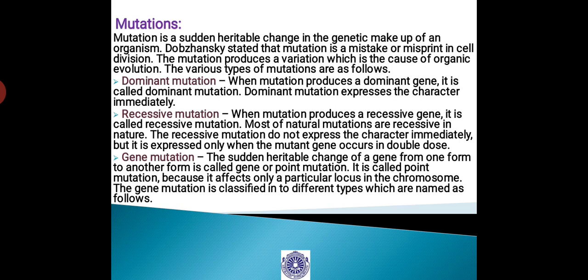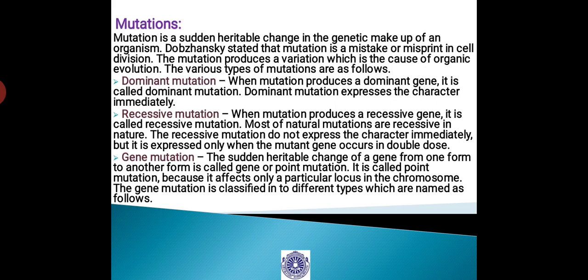And there are various types of mutations which are as follows. Number 1, dominant mutation. When mutation produces a dominant gene, it is called dominant mutation. And dominant mutation expresses the character immediately. Whereas recessive mutation is that when mutation produces a recessive gene, it is called recessive mutation.